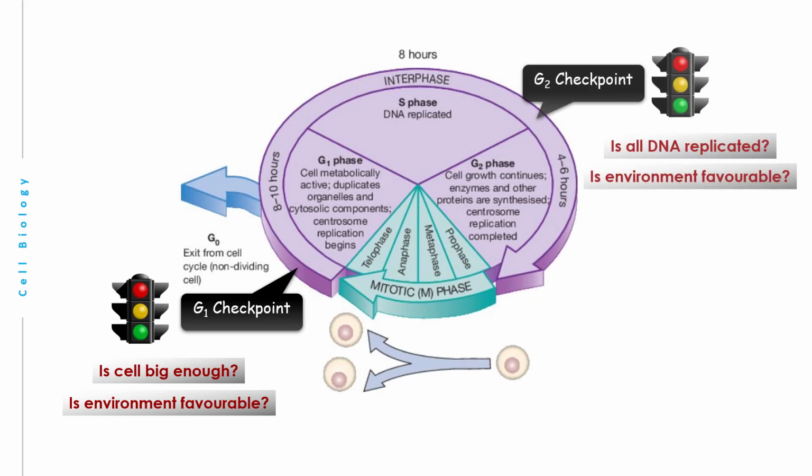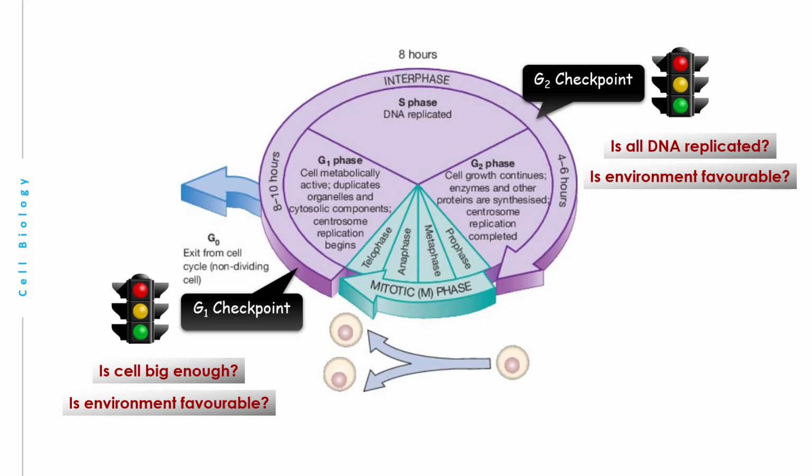After G1 phase, there is the S phase, when DNA gets replicated. Now, before the cell moves from S phase to G2 phase, there is a G2 checkpoint. This is where the proteins and enzymes will make sure that all DNA is replicated, and it is replicated without any errors. There's nothing missing. Environment is favorable before it goes into the G2 phase.